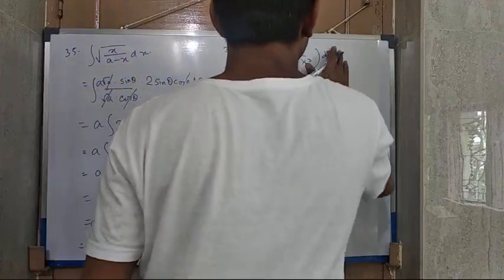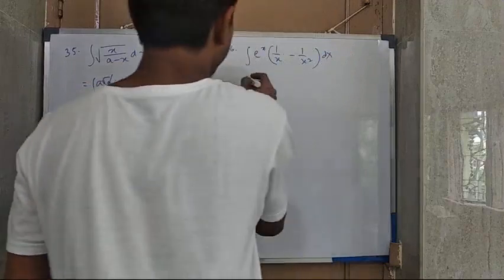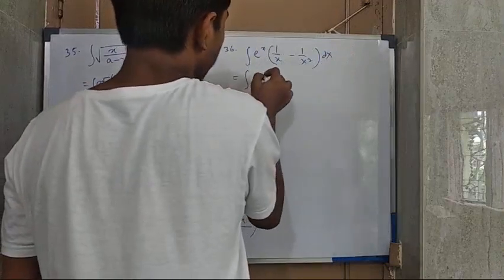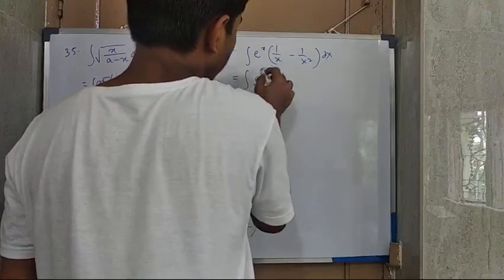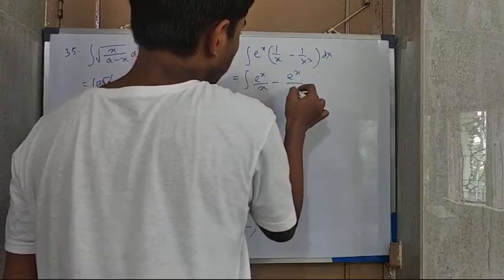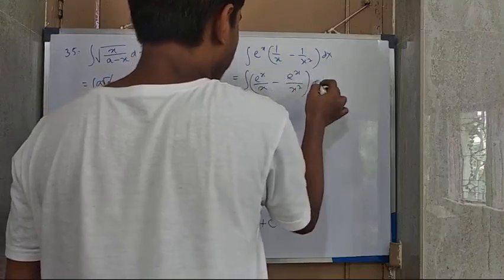Okay, so let us split it up: integral of e to the power x by x minus e to the power x by x squared times dx.